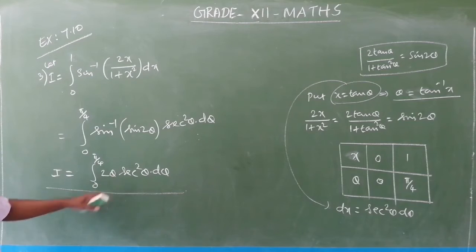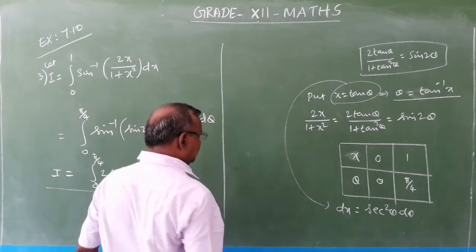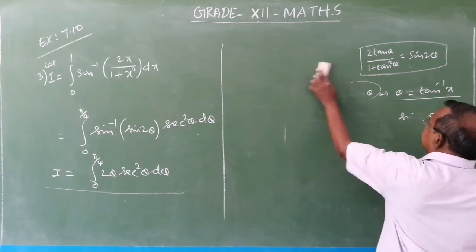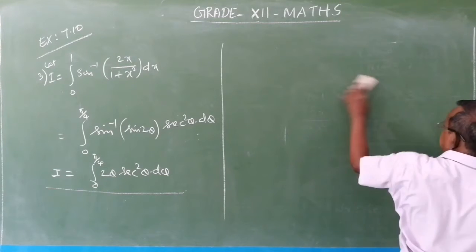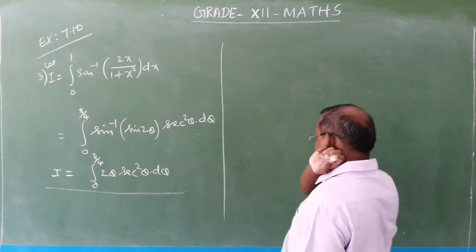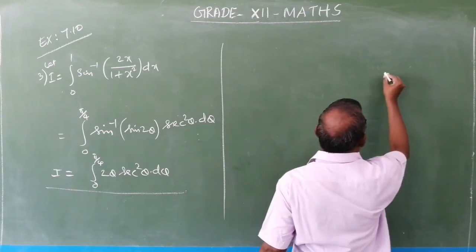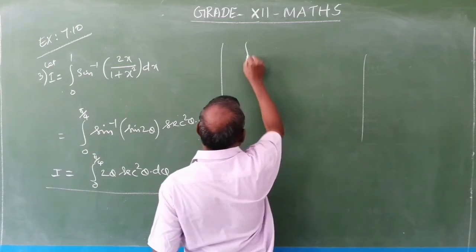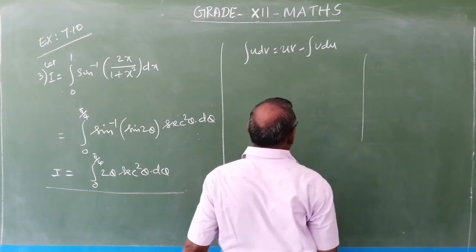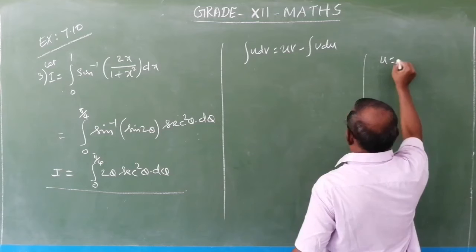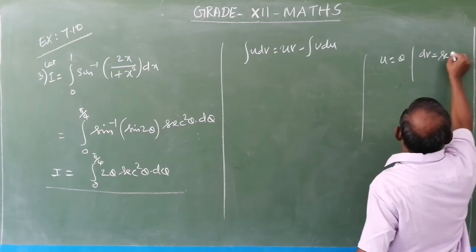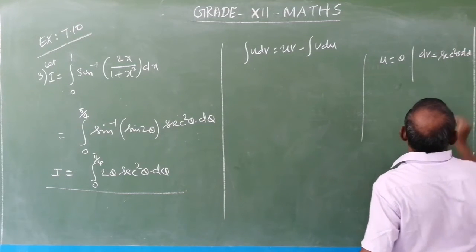Now, we need partial integration for this. Integral u dv equal to uv minus integral v du. So, take u equal to theta, dv equal to secant square theta into d theta.